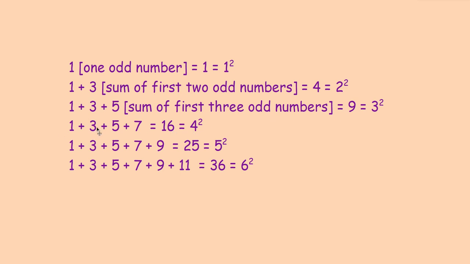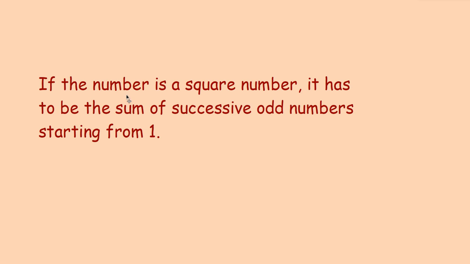That means 4 square means sum of first 4 odd numbers. And 5 square means sum of first 5 odd numbers. And 6 square is the sum of first 6 odd numbers. Or we can say, if the number is a square number, it has to be the sum of successive odd numbers starting from 1.